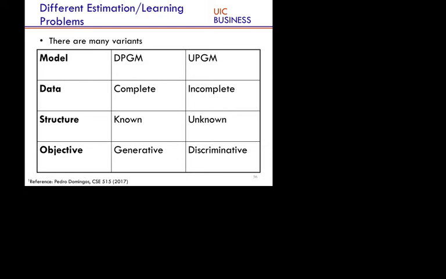But you may have other types of data where some coordinates are missing in every sample, or in some other versions you may not even observe some random variables. You know that such a random variable exists, something like the quality of a product. It's not exactly observable, but you can conceptualize such a random variable. There is also a distinction between generative and discriminative.